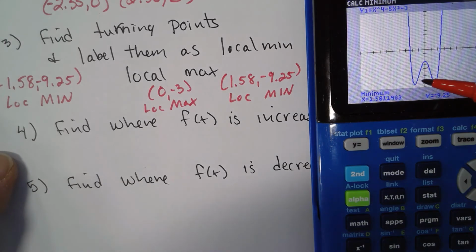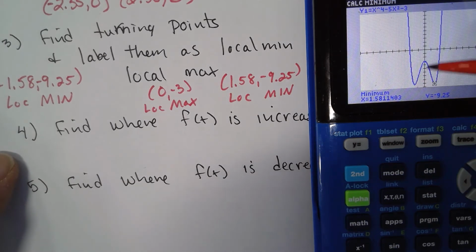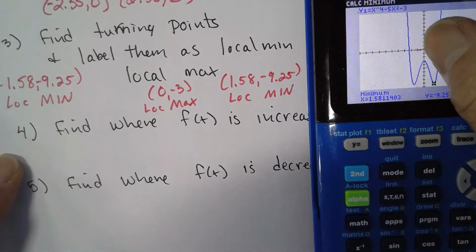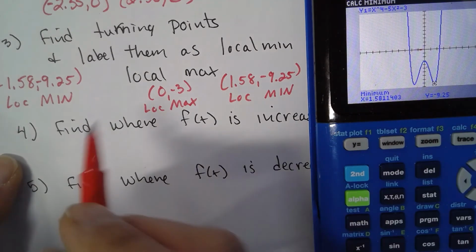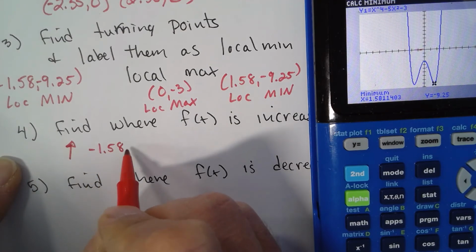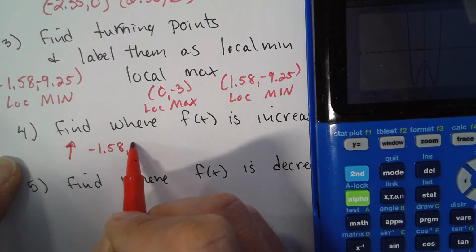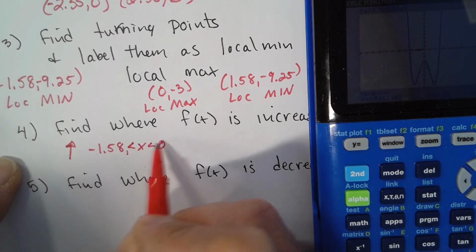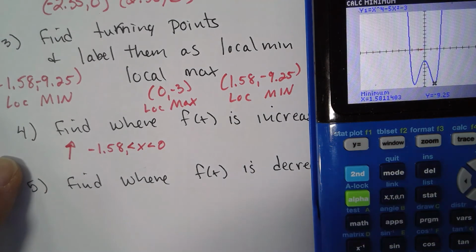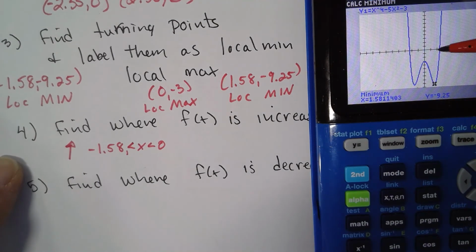So from here to here is where it's going to increase, from negative 1.58 to 0. And then it's going to increase from here to here, which is positive 1.58 to infinity.